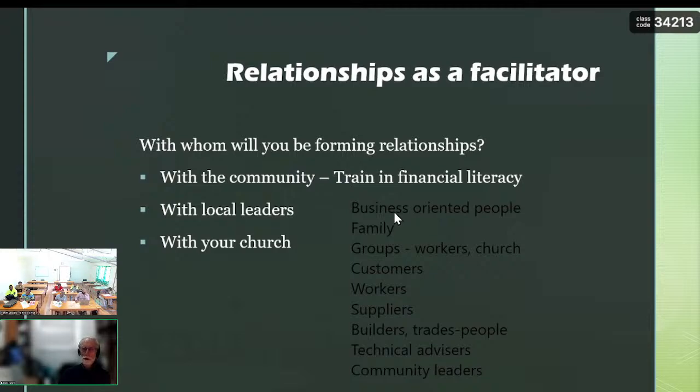So your church, if you are a believing business person, if you are a big member of a local church, you've not only got to contribute to your church, but the people in your church will be your market, won't they? The people in your church will be your market.